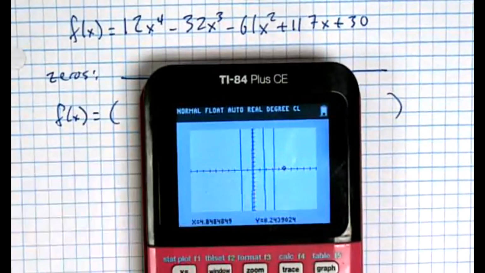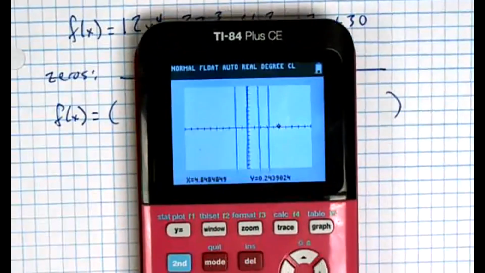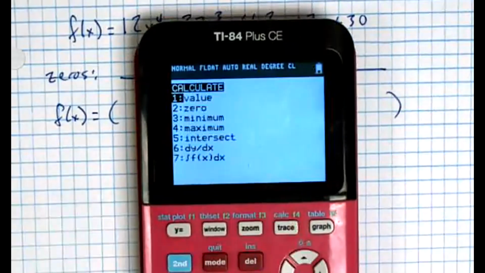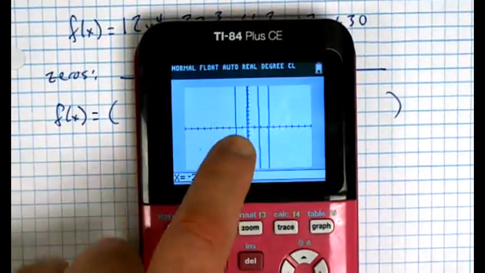So do you remember how we checked to make sure that that's actually a 0? We can plug it in with synthetic division, or we can just let our calculator do the work for us. Our calculator will evaluate the function at any x value. You just go to second calc value, give it the value you want for x. I think it's crossing at -2.